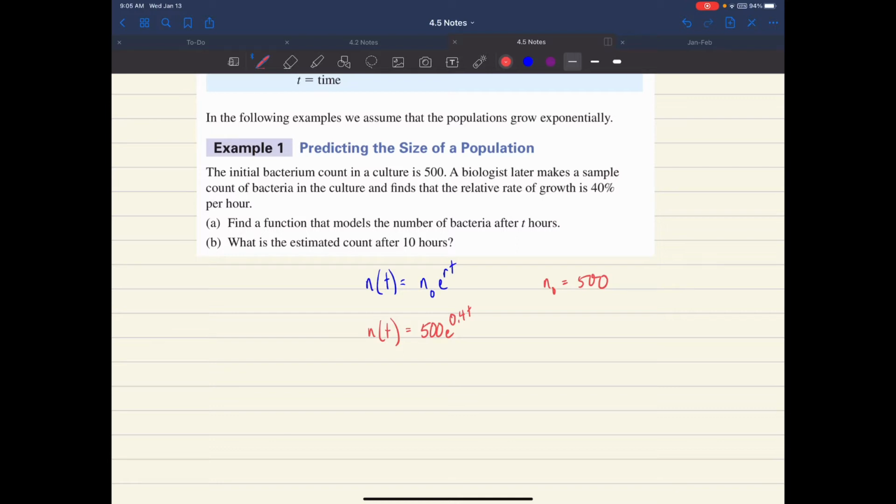And then it says, so we just did the a part, what is the estimated count after 10 hours? Well, that's just N of 10.